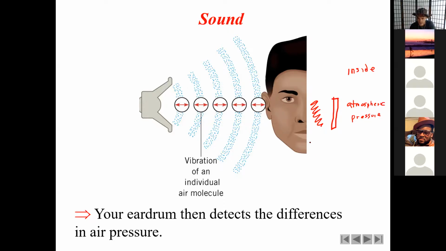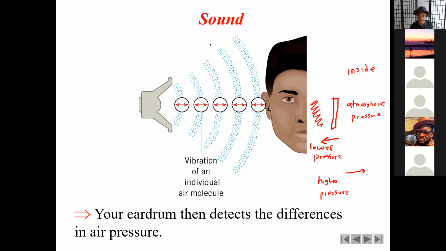So let's say that there's a region of lower pressure. Well, there's always going to be a force pushing from higher pressure to lower pressure. So if the pressure outside your ear is less than the pressure inside your ear, there'll be a force moving your eardrum from higher pressure to lower pressure. If the air pressure outside your head is greater, so if I have a higher pressure, that's going to result in a force on your eardrum in the opposite direction.